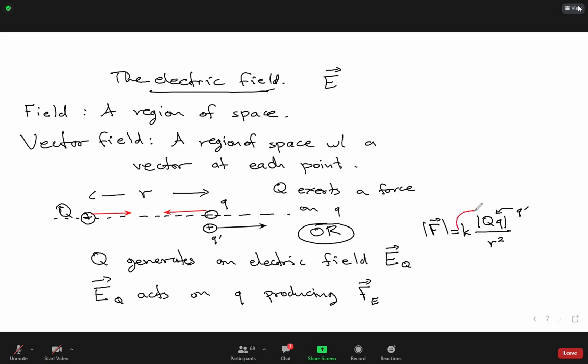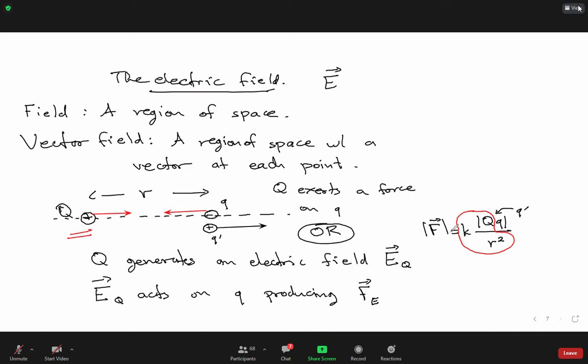If I look at this expression, this part of the expression is geometrical. There is this R squared here, there's that distance. It depends on big Q, which we're thinking of as the source of this force. And there's a constant here that tells us that we're in this particular universe.